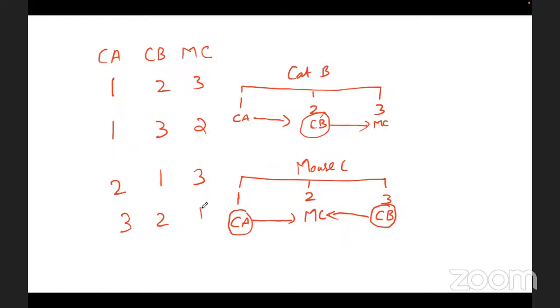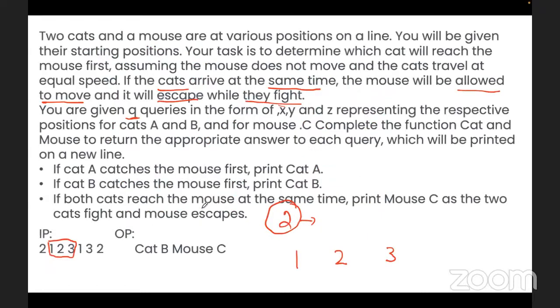So I will give you the starting positions of cat A, cat B, and mouse. Your task is to determine whether cat A or cat B reaches the mouse first, or the mouse will escape. Because if cat A and cat B reach the mouse at the same time, the mouse will escape. So that's what the question is about.